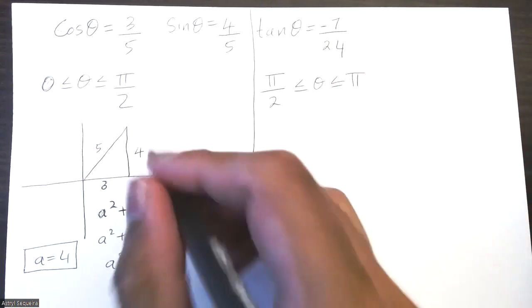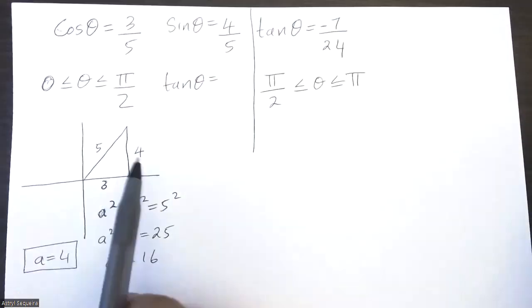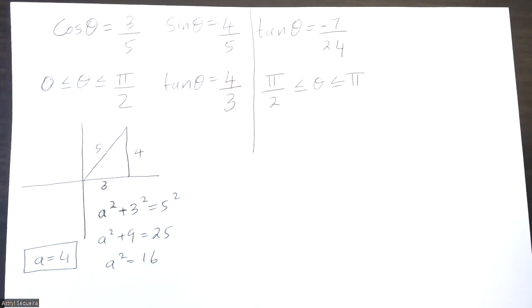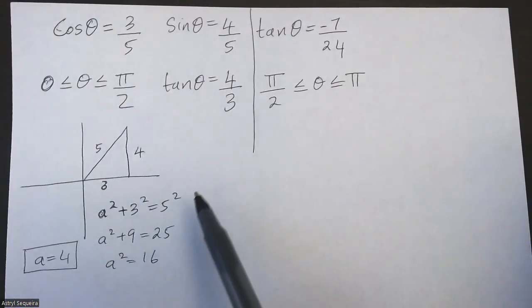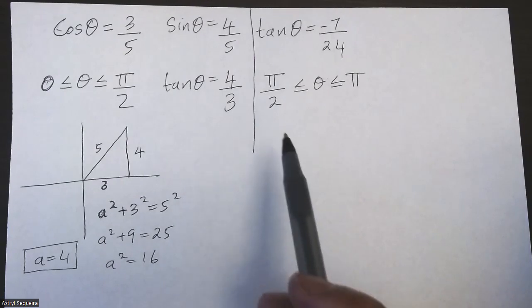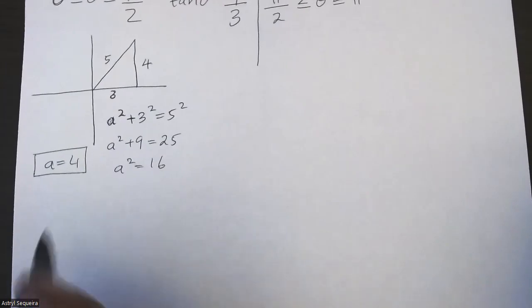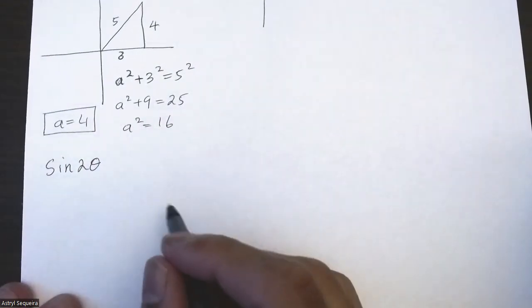And tan theta is just opposite over adjacent, which is 4 over 3. Now that I have all this information, I can do my sine 2 theta, cos 2 theta, and tan 2 theta. Let's start with sine of 2 theta.